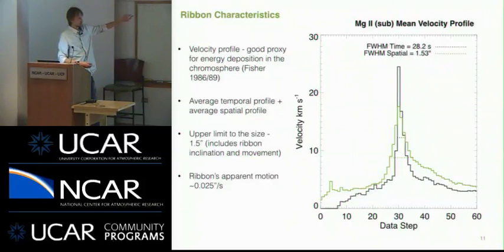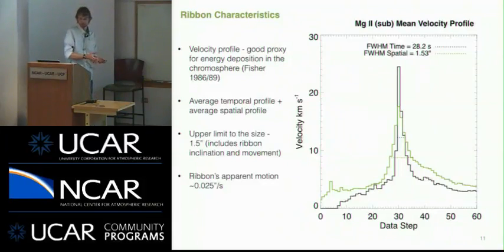So here what I've done is track the spatial profile of the ribbon along the slit, and taken an average of each position, and taken an average in time of each position, and also the average time profile of them as well, which is the black curve here, and you have the green curve, the spatial curve. And you get a full width half max of about 30 seconds. So these ribbons are only really dwelling in the chromosphere for on the order of about 30 seconds.